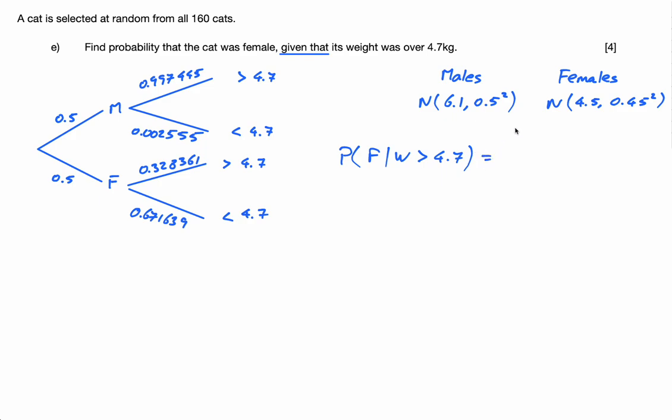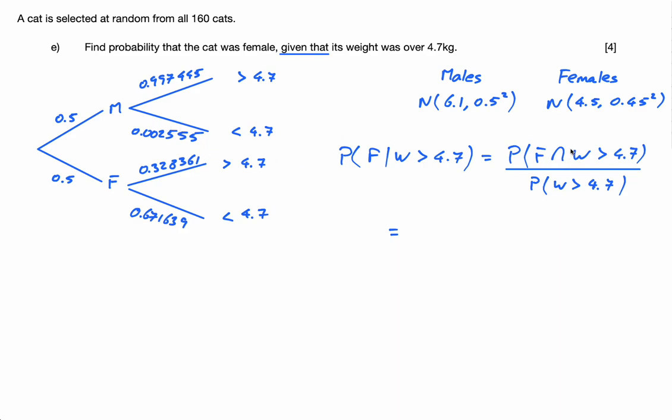Using the conditional probability formula, this is the probability that it's female and its weight is more than 4.7, divided by the probability that W is greater than 4.7. If you don't know how I did this, guys, get out your formula booklet. It's straight out of the formula booklet. It's A given B. It's A and B over the probability of B.